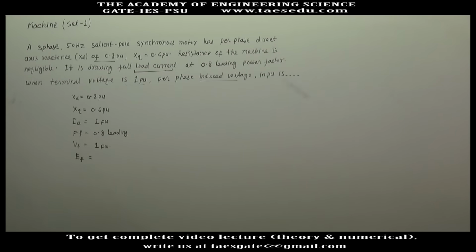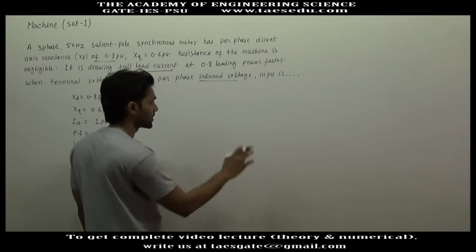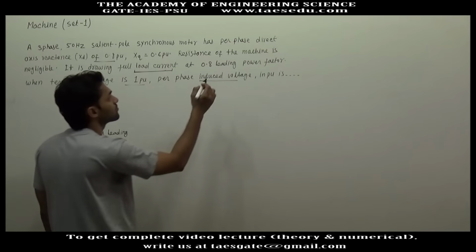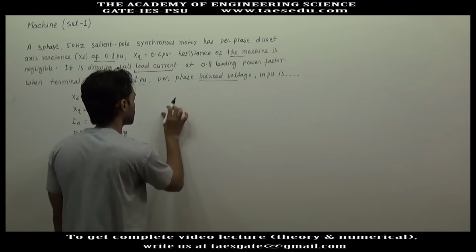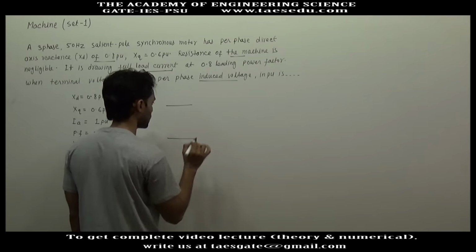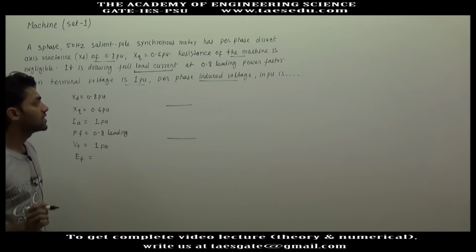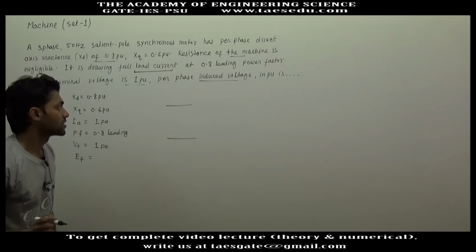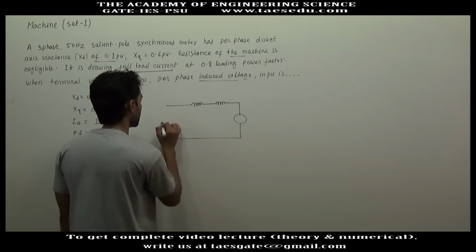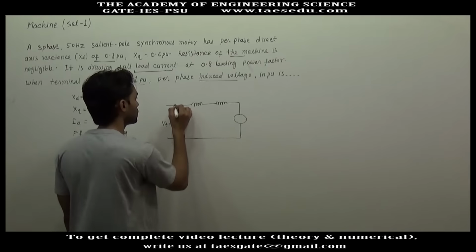So to solve this, let us first draw the circuit diagram of the salient pole synchronous motor, and resistance of the machine is negligible. So let's say this is the armature terminal. I am drawing the per phase equivalent circuit diagram of the salient type synchronous motor. Here we have terminal voltage of 1 pu.